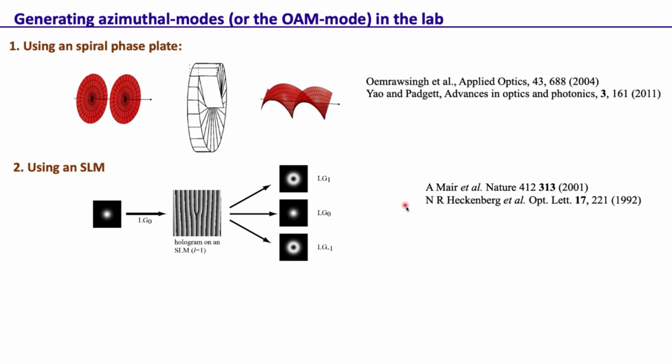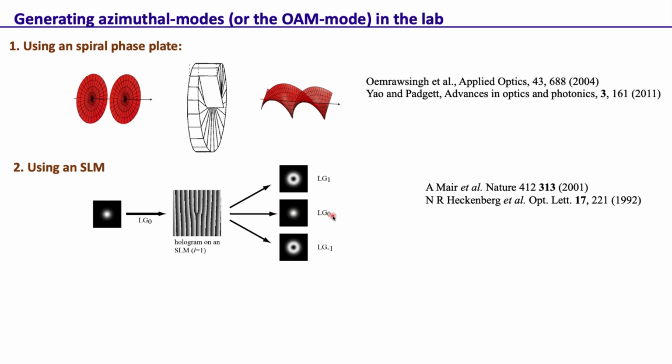I'm not going into the detail of this method, but one can produce a phase like this in a hologram manner. SLMs are pixelated devices, so we can't put the phase in this manner; it has to be in a slightly different format. With that format, if you send an l equal to 0 beam, it gives a different diffraction pattern.